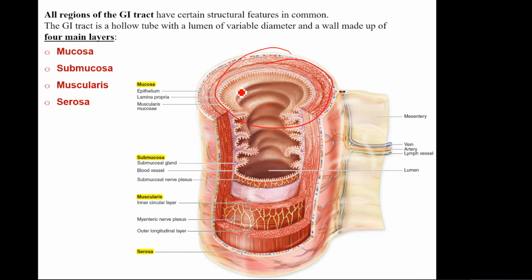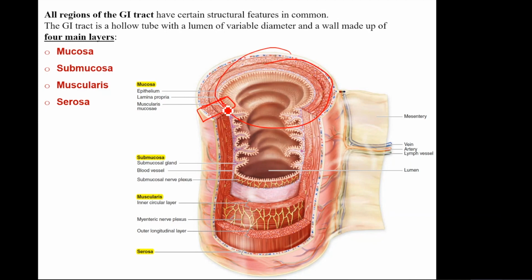This is a cross section of the GI tract. I will not say from where now because this will be covered in the second part, but I would like you to keep a couple of things in mind: the tube of the GI system has four main layers.